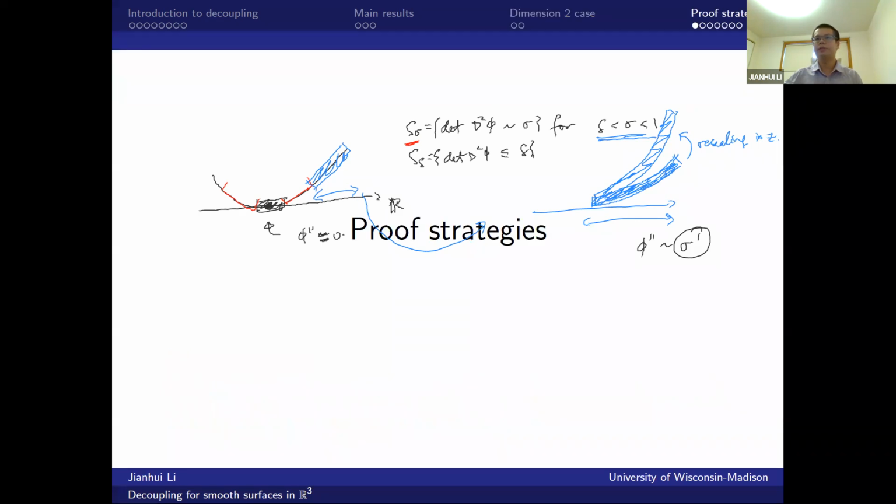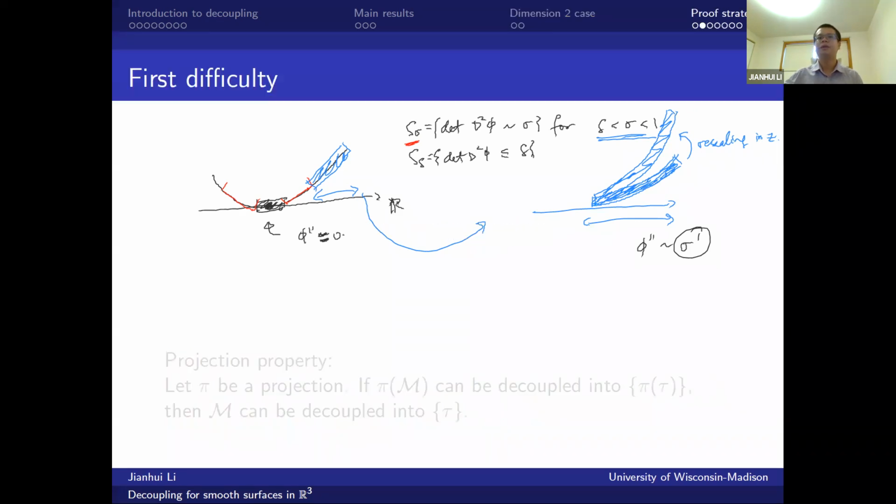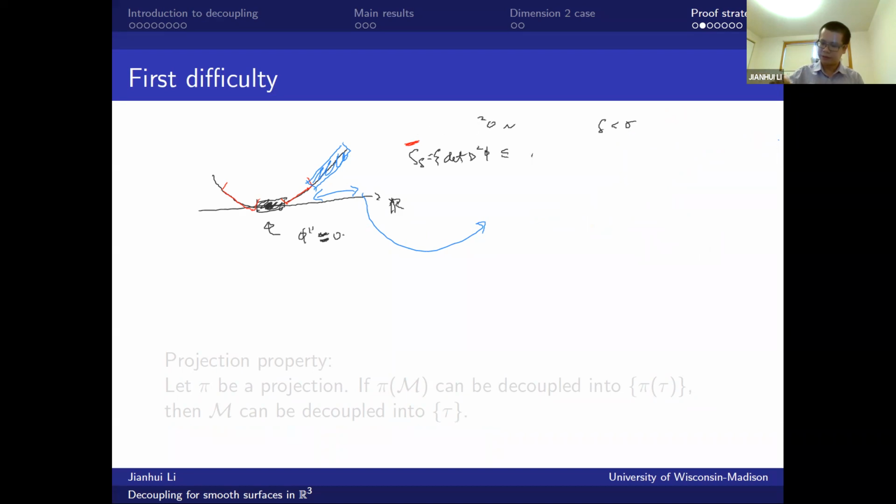So the last part is the proof strategies. The first difficulty is that, okay, so now we know that in 1D, the set where the Hessian determinant is roughly a constant is a union of intervals, and you can just rescale these intervals to get what you want.